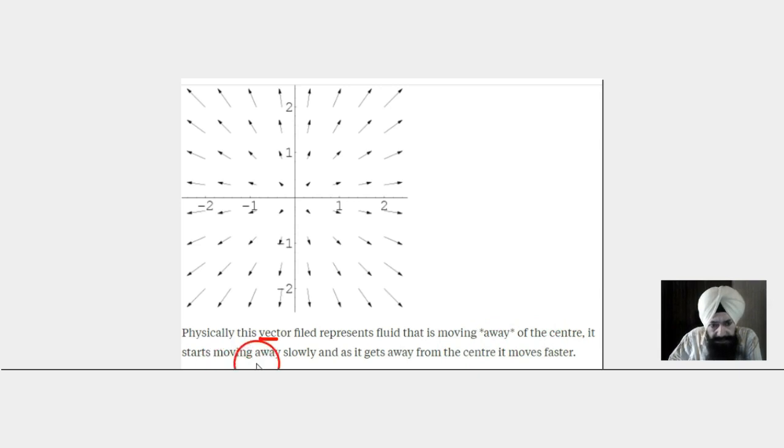It starts moving away slowly because the length of the arrow is very small near the center, and as it gets away from the center it moves faster because the length of the arrow is increasing. So the divergence magnitude is increasing as we move from the center outward.